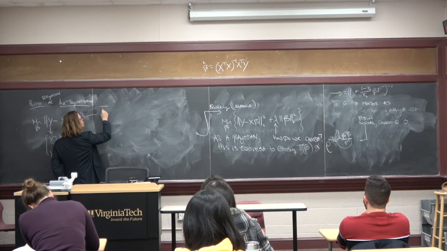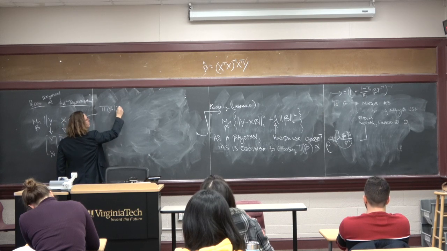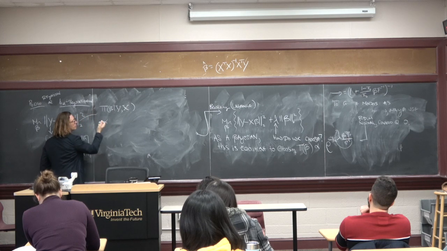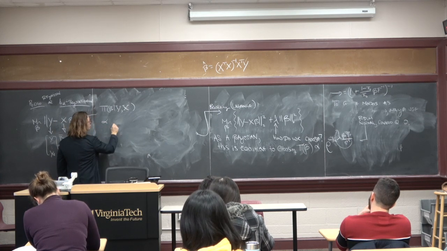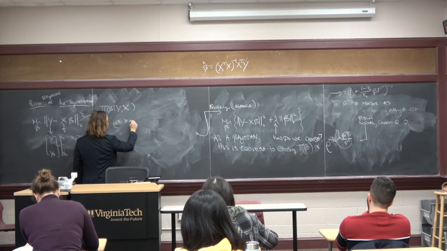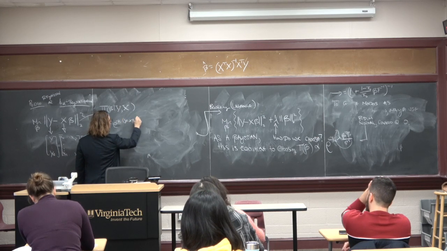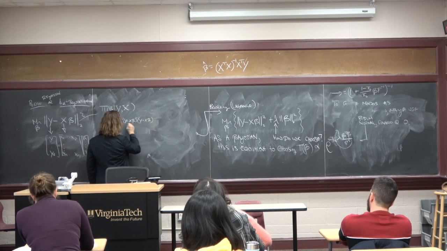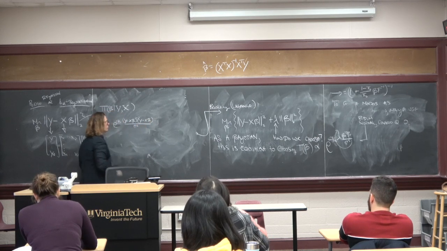So, work through this posterior distribution. This is going to be proportional to e to the minus 1/2 y minus x beta transpose y minus x beta divided by sigma squared. That was my model there.